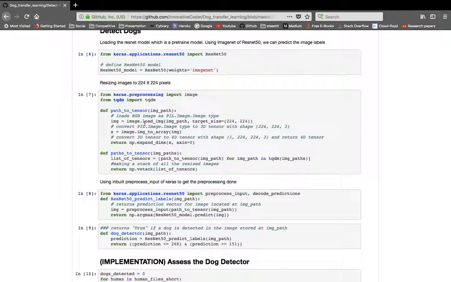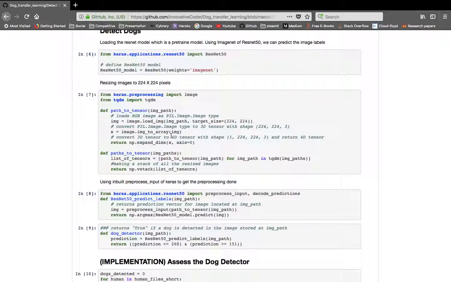What we are doing over here is resizing our image to load into the model. We are resizing our image to 224 by 224 dimensions, to a 3D tensor, which has three channels: the RGB, red, green, and blue. We are loading those, resizing the images, and loading the tensors into our model.